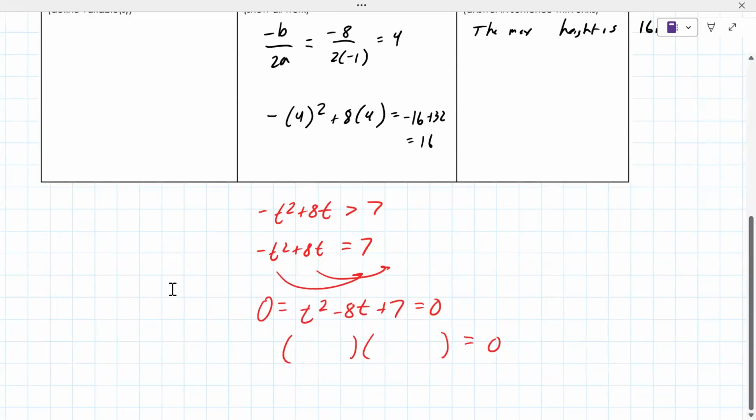Would be, oh, yeah, right. Negative 7 and then negative 1.